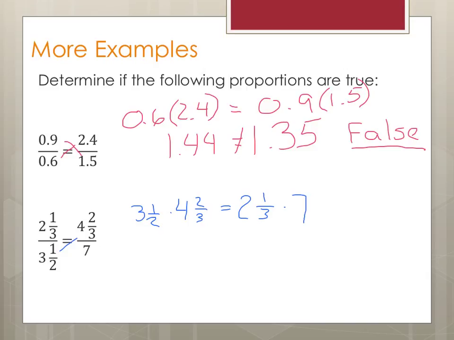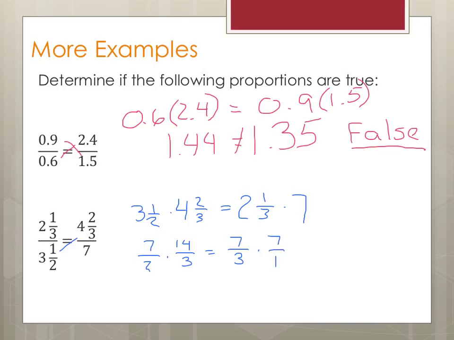So 3.5 is going to be 7/2. We multiply the denominator by the whole, and then add that. So 3 times 2 is 6, plus 1 is 7, and then keep the same denominator. Here, 3 times 4 is 12, plus 2 is 14, so we'll have 14/3 equals 2 times 3 plus 1 is 7/3. And I'm going to write 7 as 7 over 1.